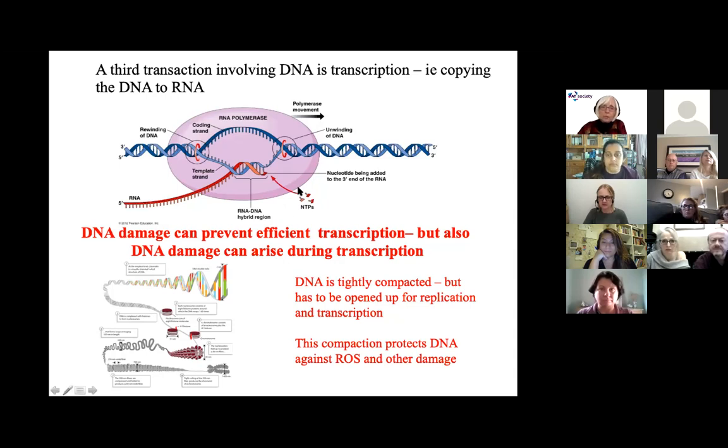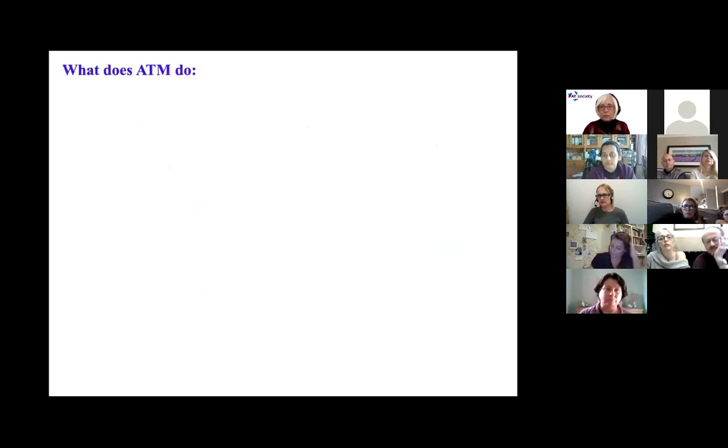So when you're open like this, you've got the added possibility for damage happening in this vicinity. Okay, so I've told you now the dangerous environment inside a cell, but also the difficulties of some of these processes that are using DNA, and how damage to our DNA can arise.